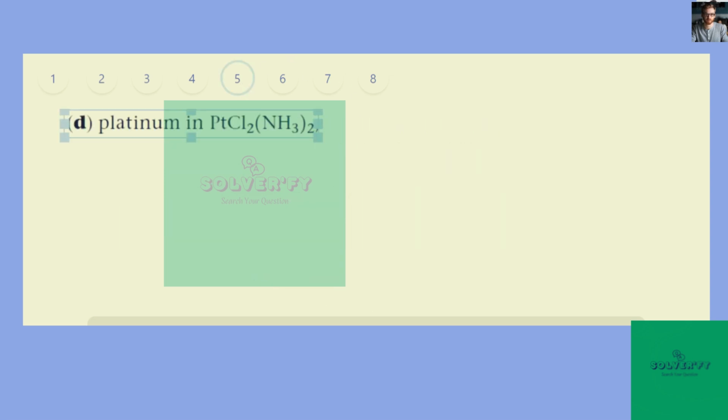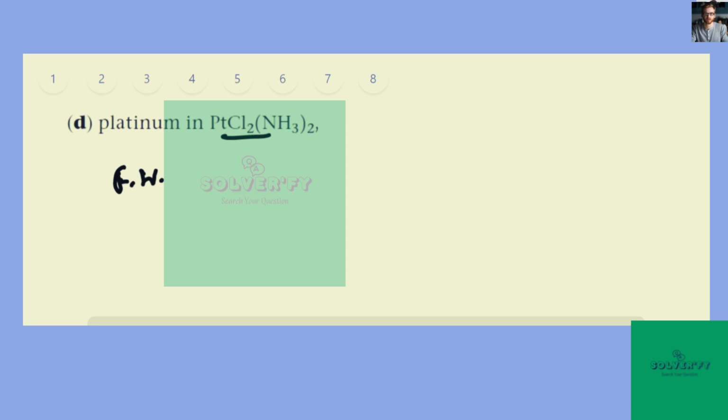Same way we can solve this one, where we have to find the mass percentage of platinum in Pt(Cl)2(NH3)2. So let's find the formula weight for this compound again.